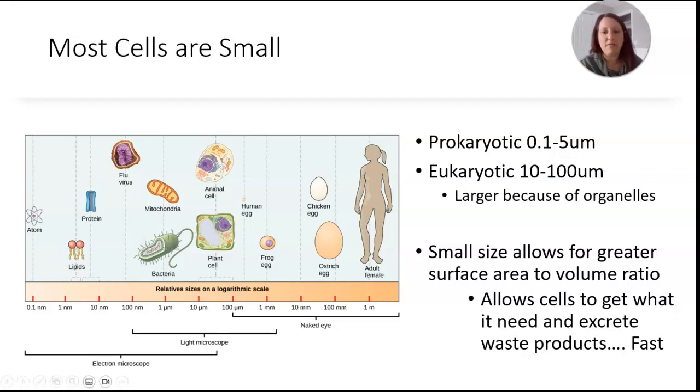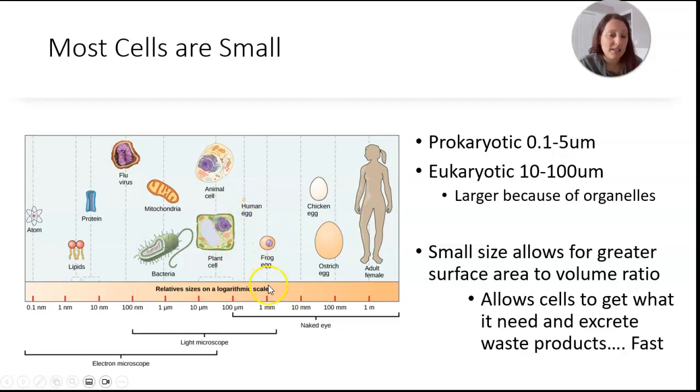Okay, so on average, prokaryotes, which are shown here, are going to be about 0.1 to 5 micrometers in size, so pretty small. Where animal, plant or other eukaryotic cells, so here we go, are on average 10 to 100 micrometers in size.